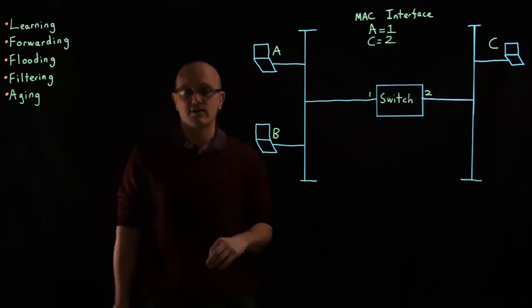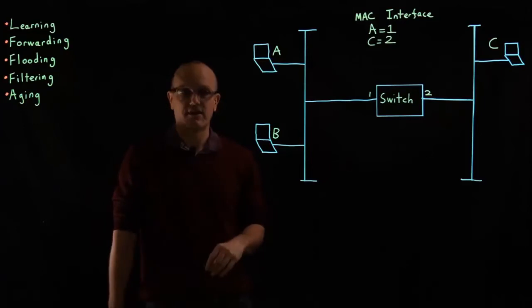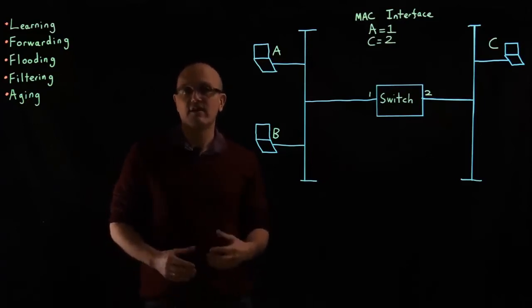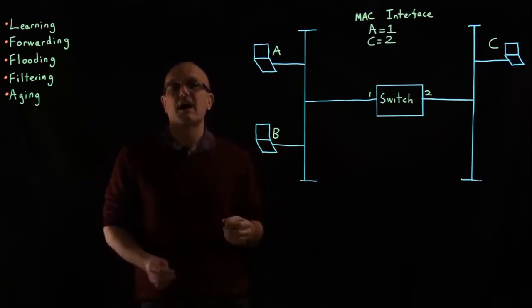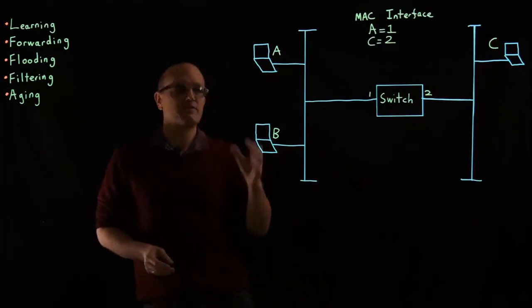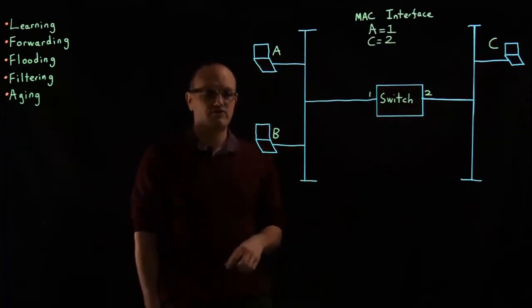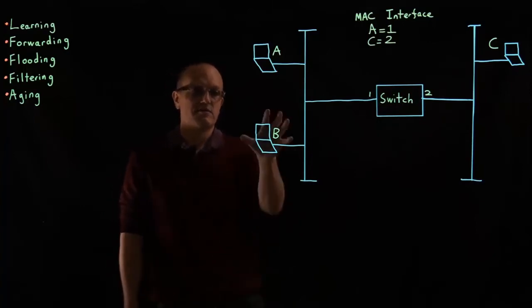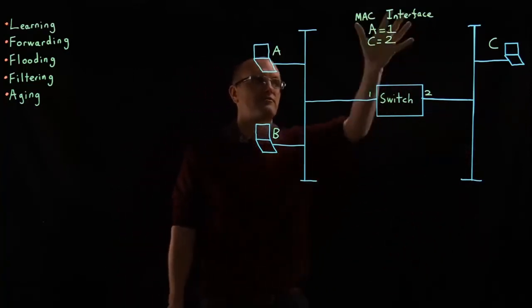In all likelihood, host B is going to reply to this frame. So he's going to send a frame with his source MAC address of B and the destination MAC address of C. And this frame then arrives on the switch. This allows the switch to then add MAC address B bound to interface 1 to its forwarding table.